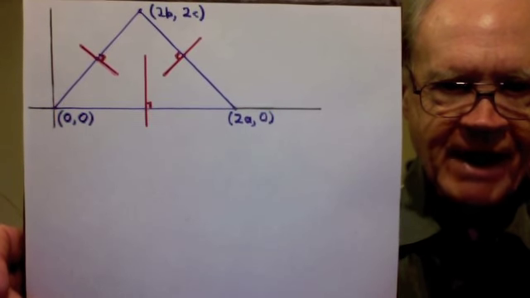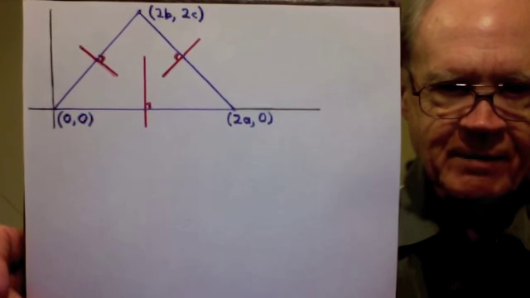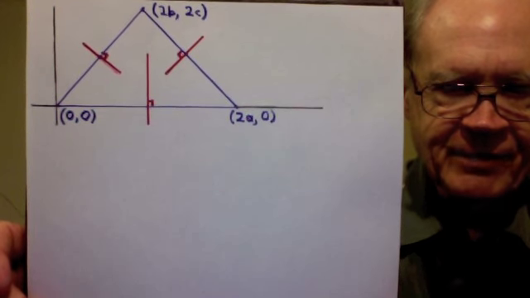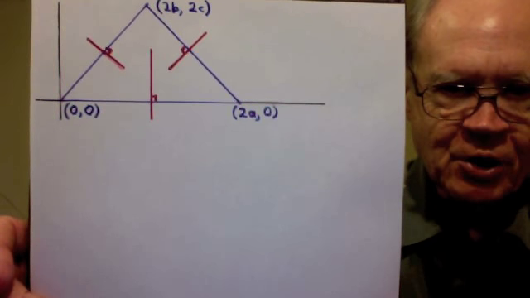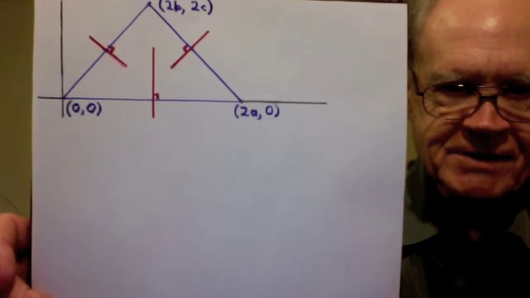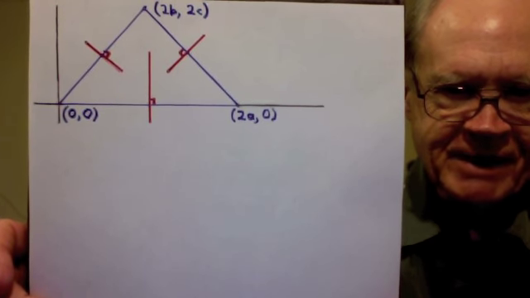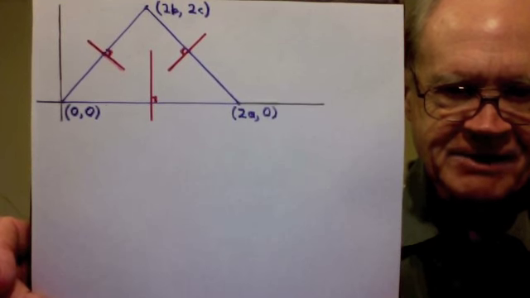Each of them makes right angles with that side, and each of them splits that side into two equal sections. And the challenge is show in this setup that the three perpendicular bisectors all meet at the same point.